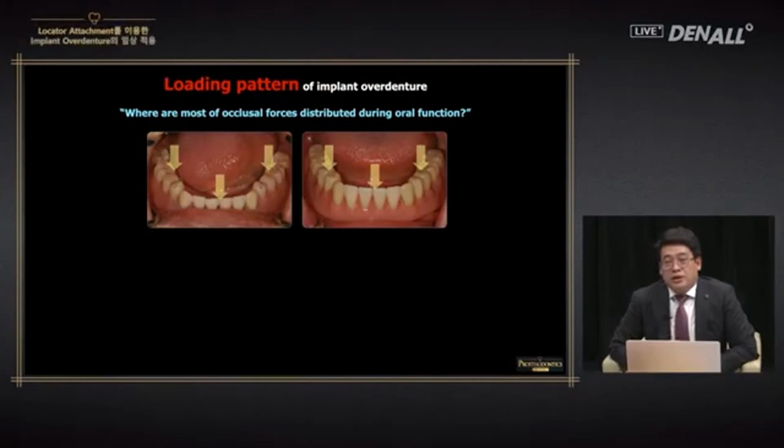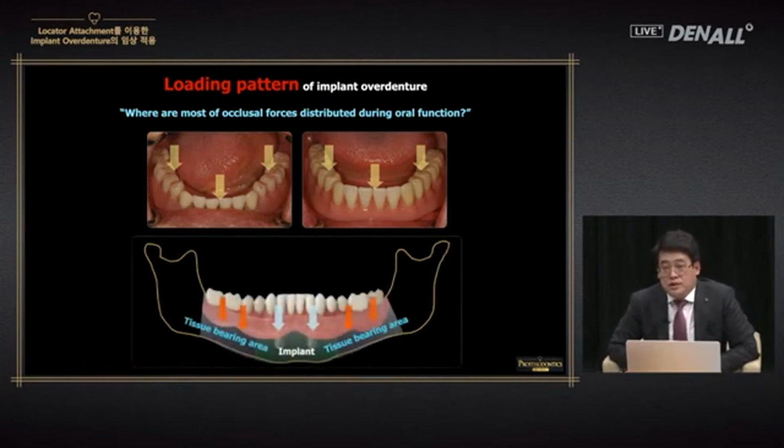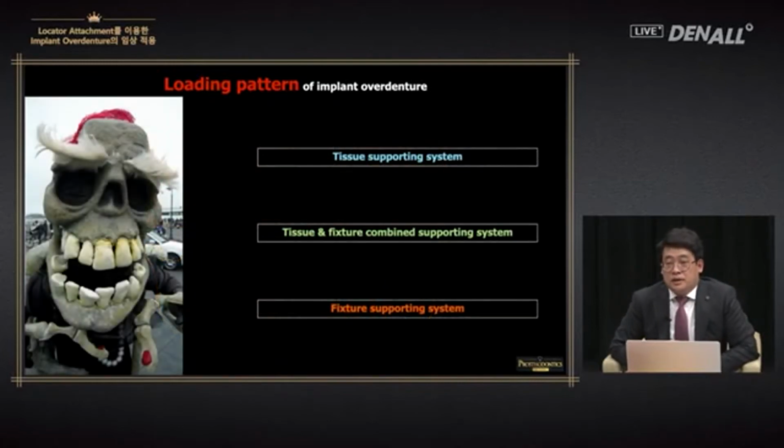If you look at the implant overdenture loading pattern, depending on how the bite force or occlusal force is distributed, it can be divided into three. The implant overdenture, which uses 2 implants, we call this tissue-supported system.